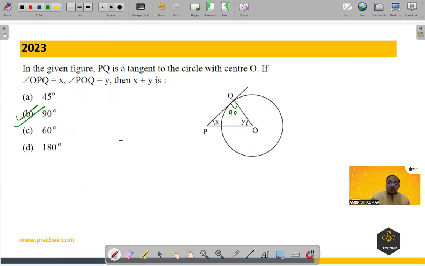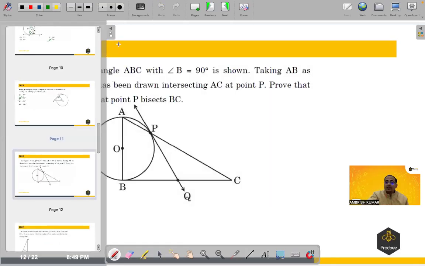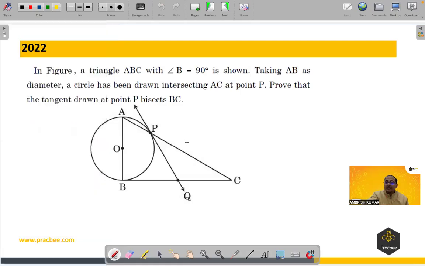And then you have to use that the radius through the point of contact is perpendicular to the tangent. So this question was asked in 2023, right? Look, the questions are quite easy. The only thing is that you need to have enough practice, and obviously the theorems and concepts you must have in the back of your mind.